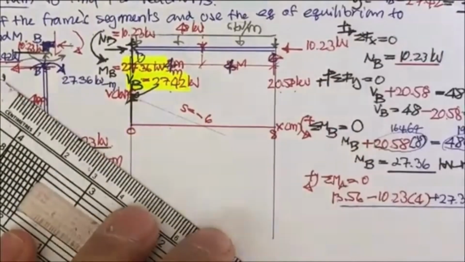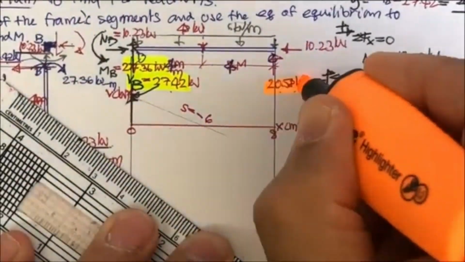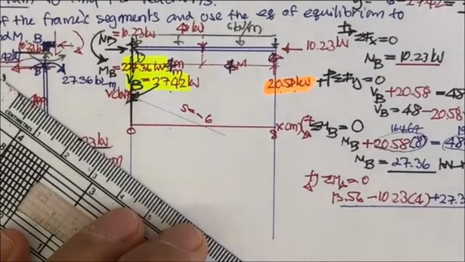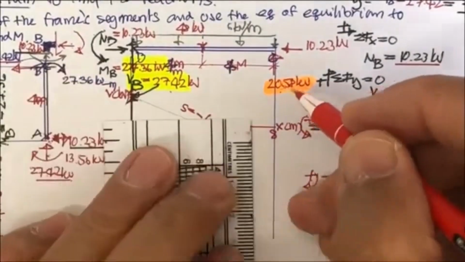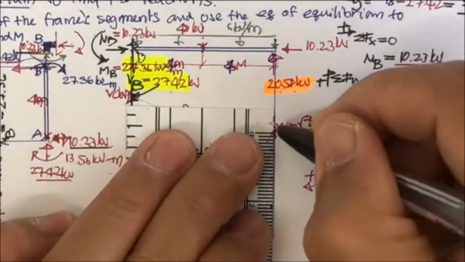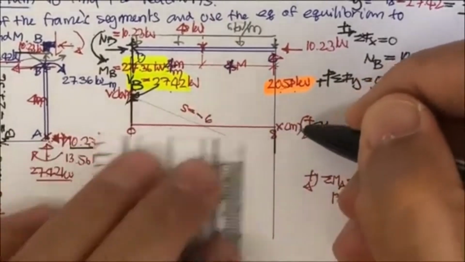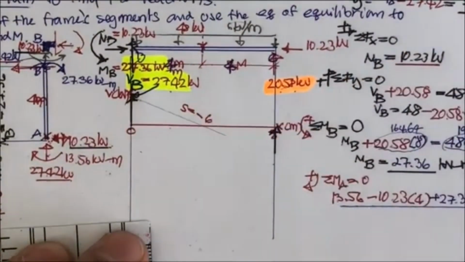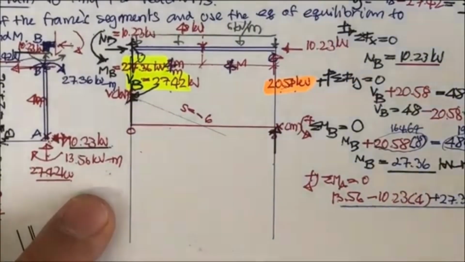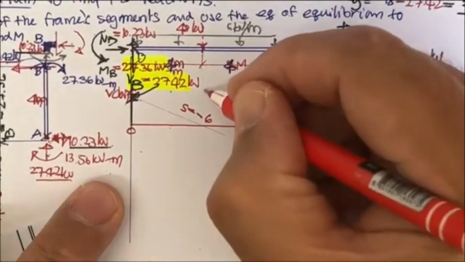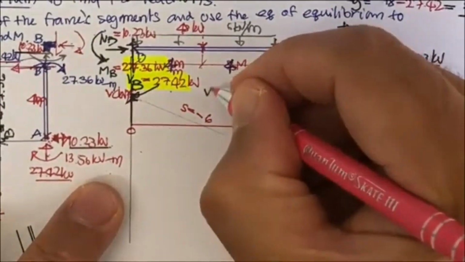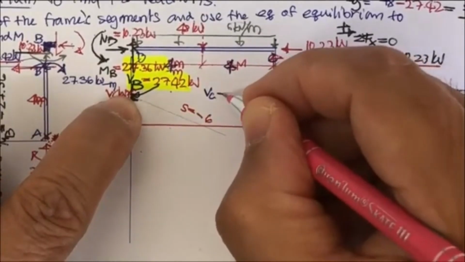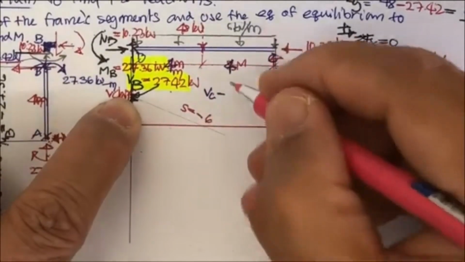If you are very detailed on this, you may notice this one is going to be 20.05, because 20.05 is the one that closes this. Okay, if this is 30, this is about close to this. Okay, if you are not sure what is going to be here, you may say, okay, this is going to be V sub C. Let me put this in V sub C. V sub C here, minus what? Minus 27.42.